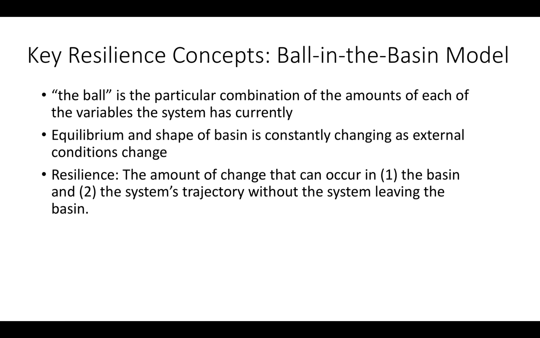And so within this lens, we can think of resilience as the amount of change that can occur in the basin, so that the shape of the basin actually changes, and or the system's trajectory. So again, thinking about the change in either the basin or the way the ball is moving around the basin without the system leaving the basin. So the resilience is the ability to keep that ball within the basin.